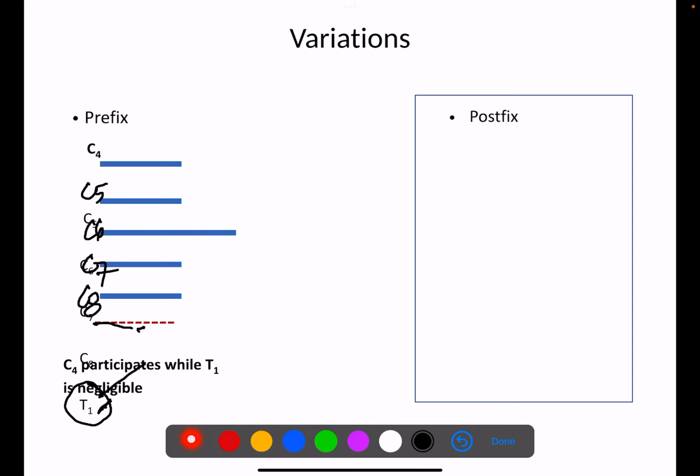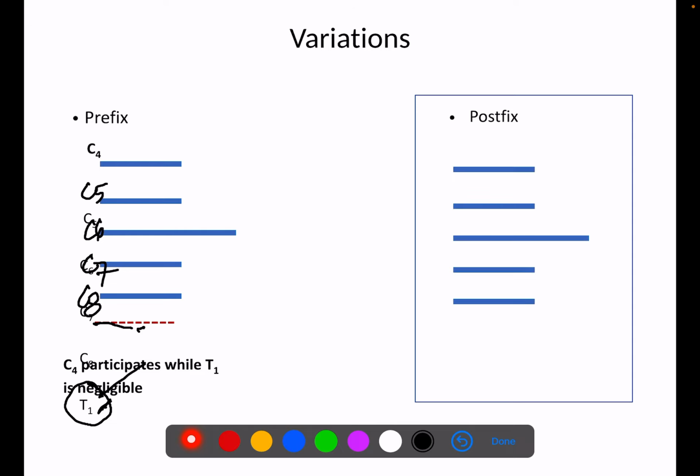Now in postfix, the contribution is a segment below. So instead of C5 to T1, here C6 to T2 will contribute.